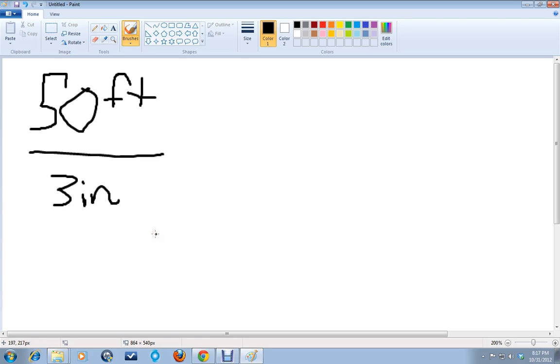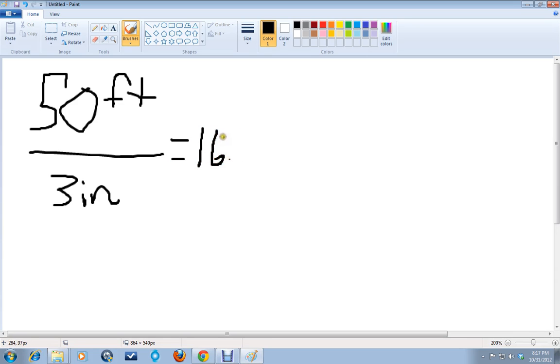Alright, so for every 3 inches, it's 50 feet. So for every 1 inch, it's how many? Here's how we would find that. You'd first do 50 feet divided by 3 inches. The answer that you should get is 16.7.